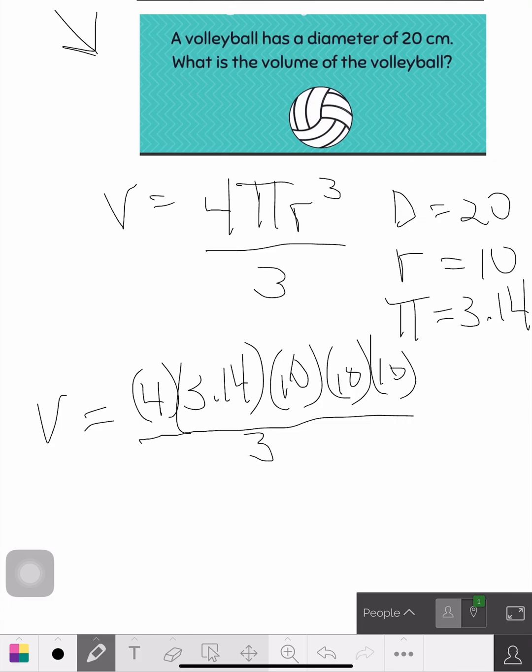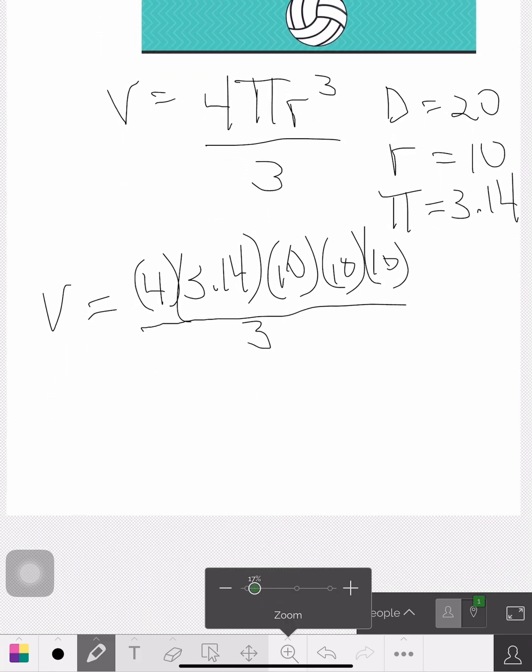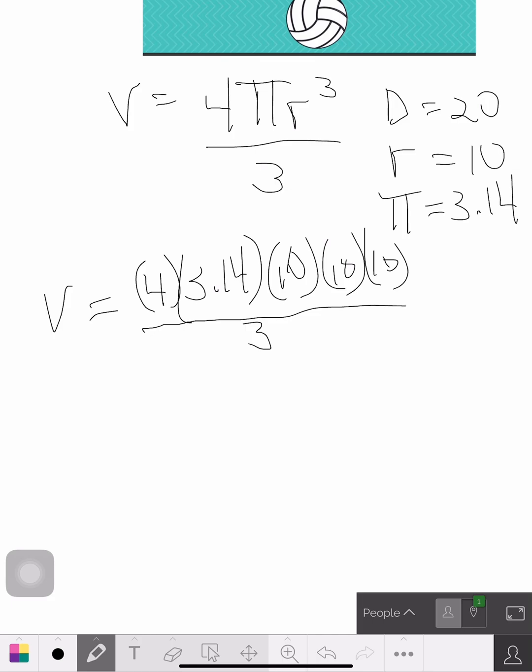So if the teacher lets us, and I'm sure the teacher will, you can take your calculator. So volume equals, and if you use your calculator, you do all these out, it's going to be 12,560 over 3. Now you do the math on that.